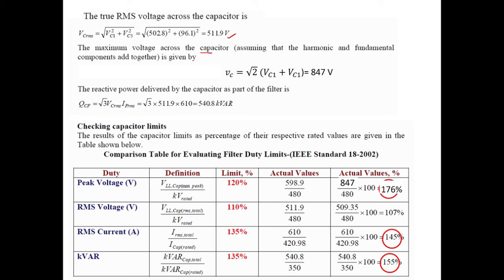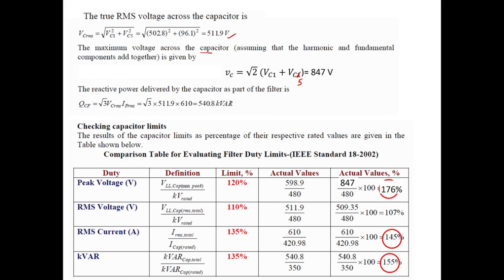So VC1 plus VC5, so this should be 5. Okay, and that will be times root 2 to find the peak, and that will have 847. Okay, so that will be the peak value for the voltage.